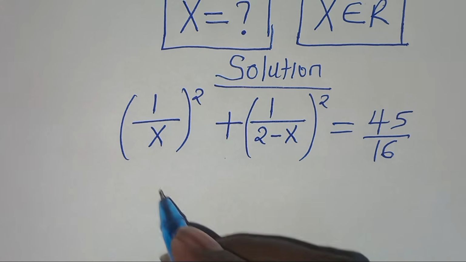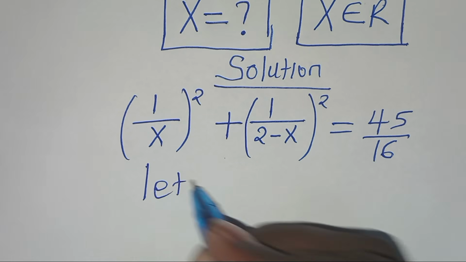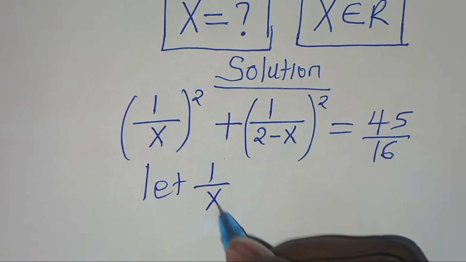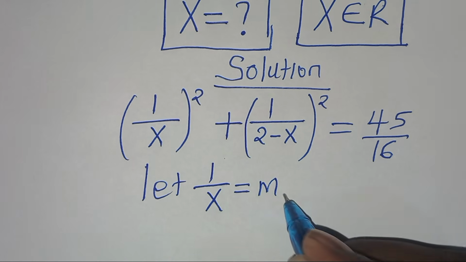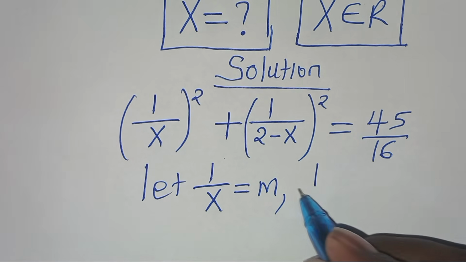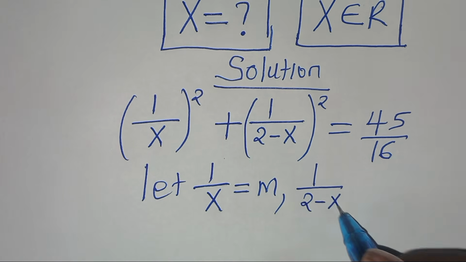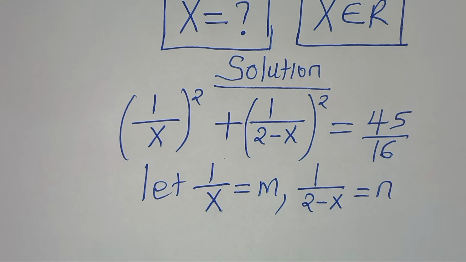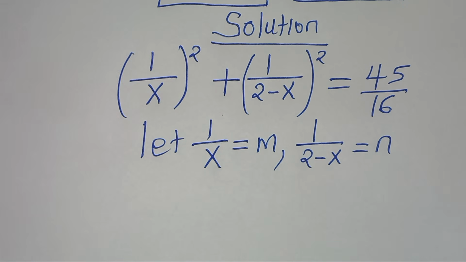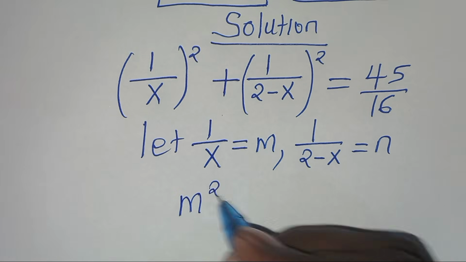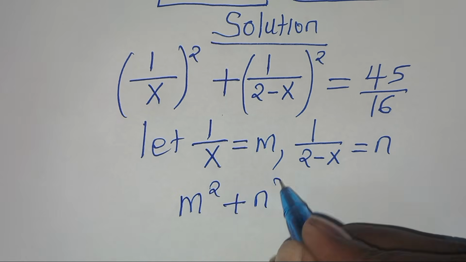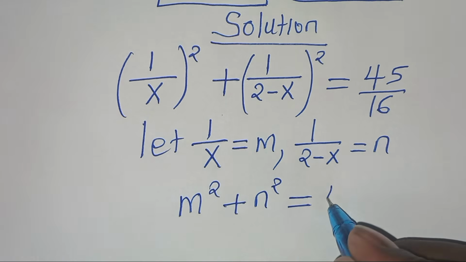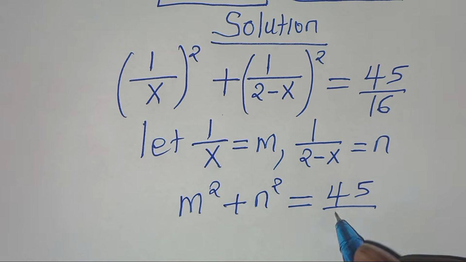The next step is that we can let 1 over x be equal to m, and we can let 1 over (2 minus x) be equal to n. So let's express this equation in terms of m and n. So we have m squared plus n squared, equal to 45 over 16.